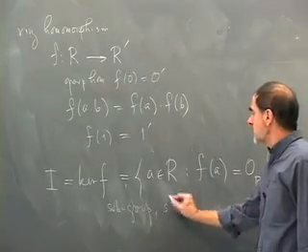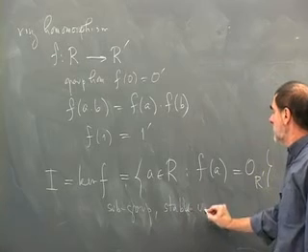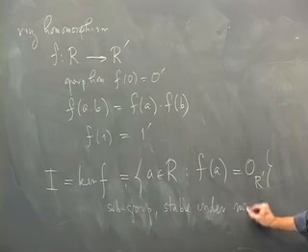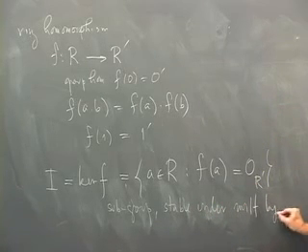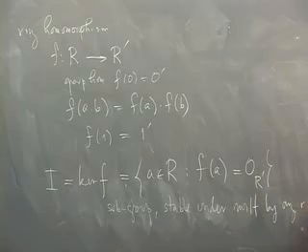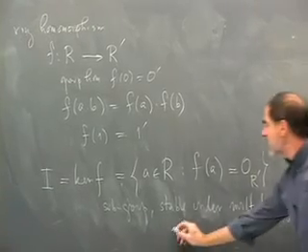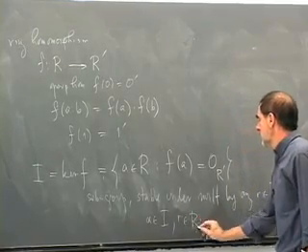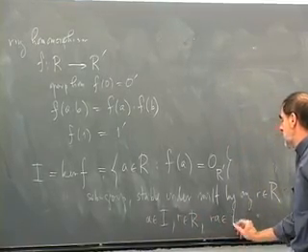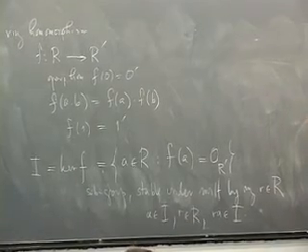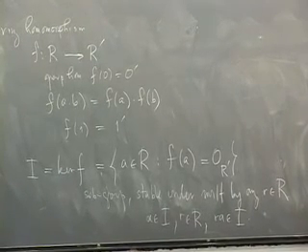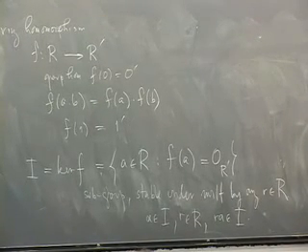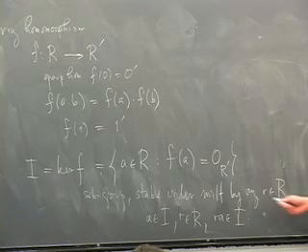And it has the unusual property that it's stable under multiplication by any r in R. So if you have A in I and you have r in R, then rA is in I. So it's not just closed under multiplication, but it is stable under multiplication by any element in the ring.